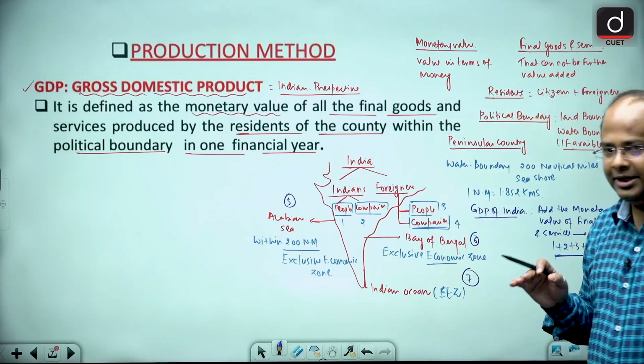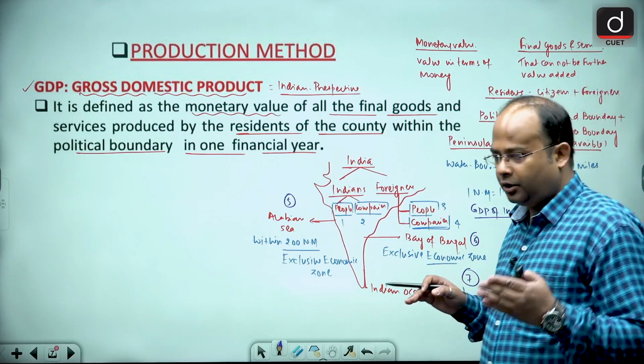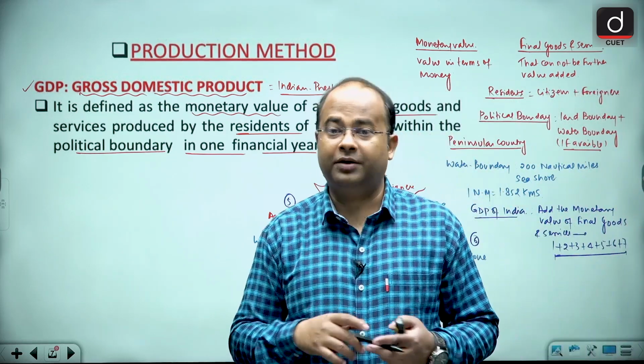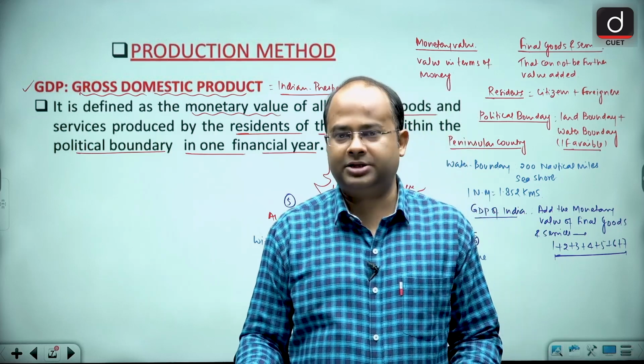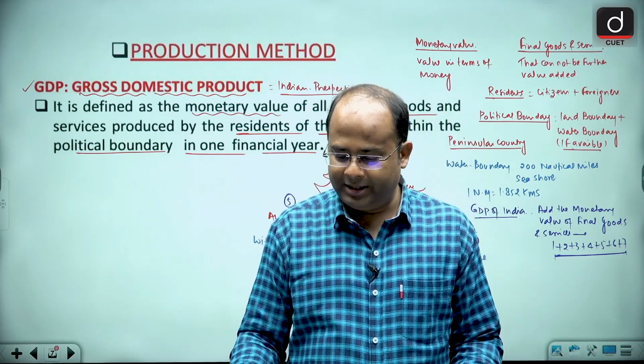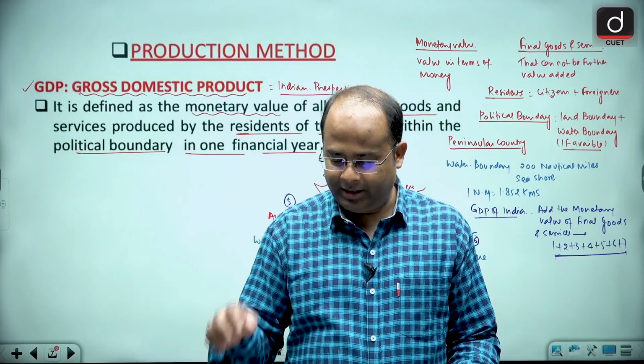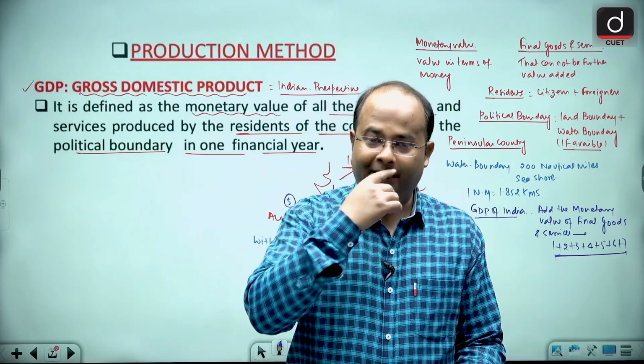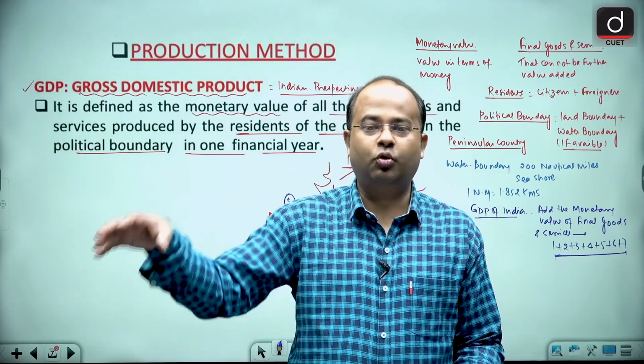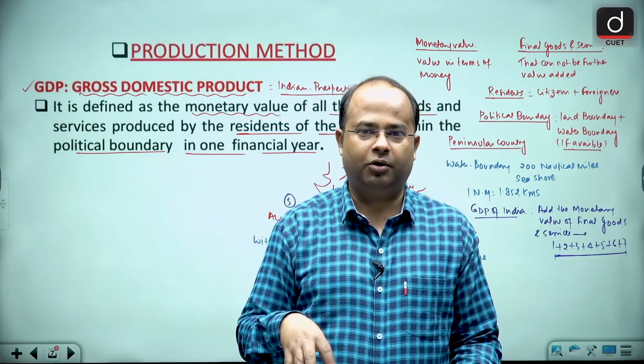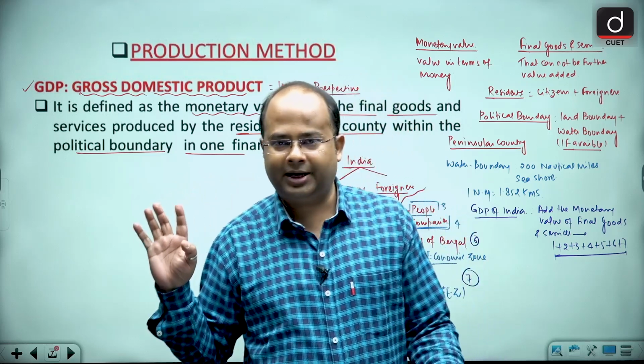So guys, generally in the GDP, whatever economic activity is happening within the political boundary of India is taken into account. Whether it is the income earned by Indians or by foreigners working within the territorial boundary of India, that is taken care of.